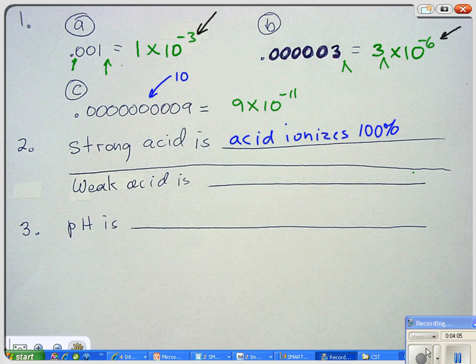Let me say it again. If I take 1 mole of hydrogen chloride and I put it into 1 liter of solution, that'll be 1 molar, right? Okay, but it doesn't stay as hydrogen chloride.